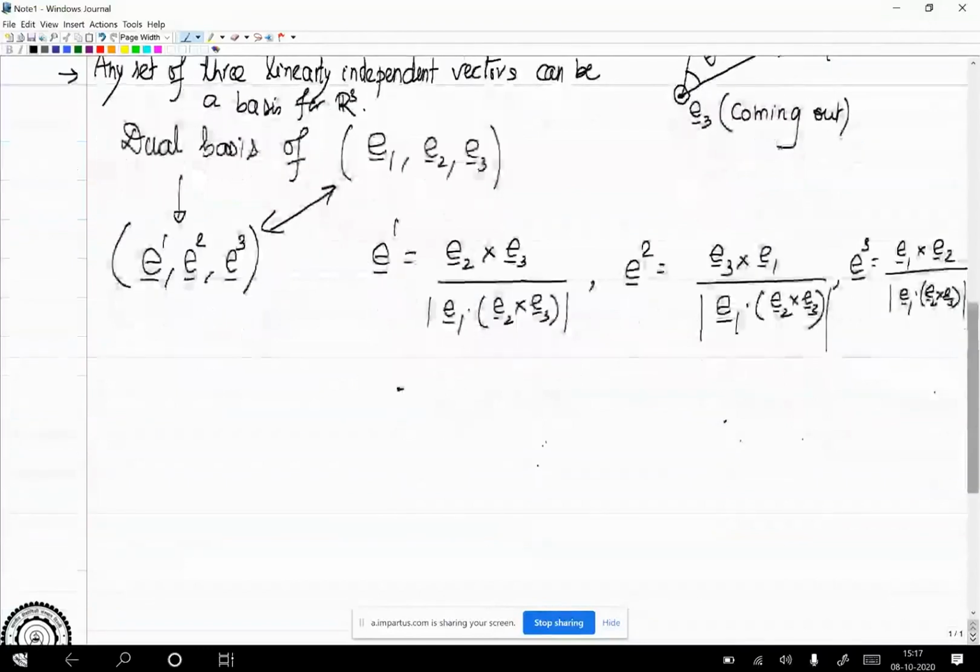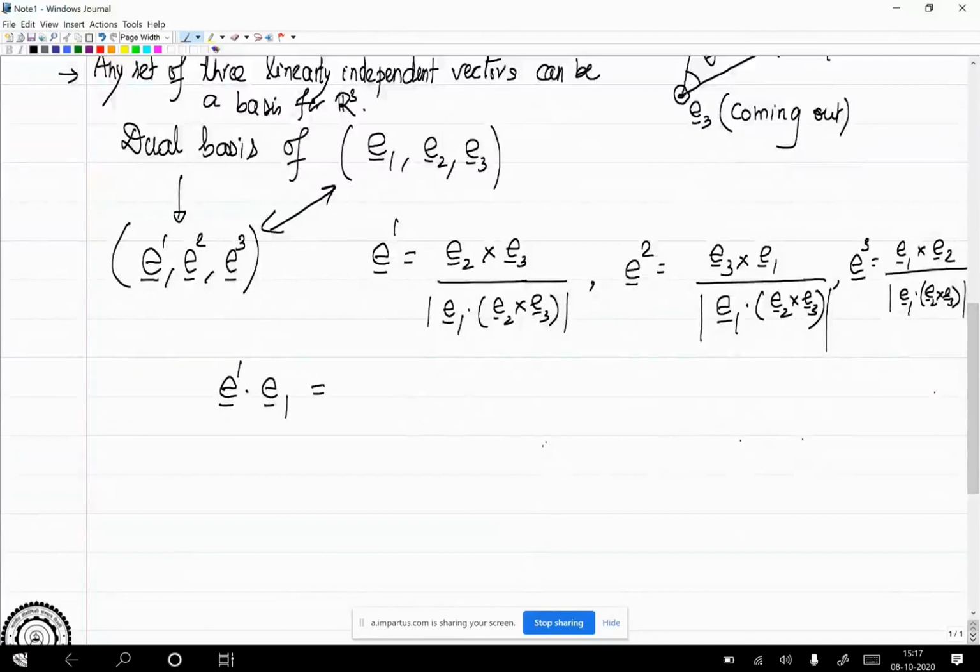What is so special about these dual bases? Try to find out E super 1 dot E sub 1. Can you see what this is equal to?